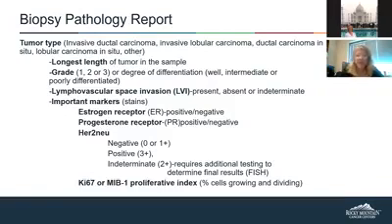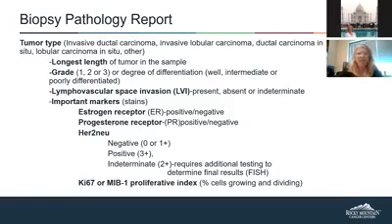Cancer cells that look very dissimilar and very different from normal ductal cells would be grade 3 cancers, and then obviously in between would be grade 2 cancers. Most cancers are grade 2, but depending on the pathologist, another form of terminology they may use as a grading system would be well, intermediate, or poorly differentiated, which is the same thing as grade 1, 2, or 3.